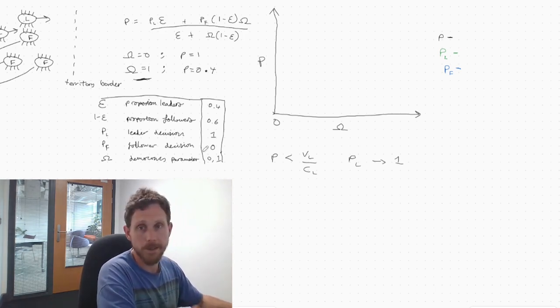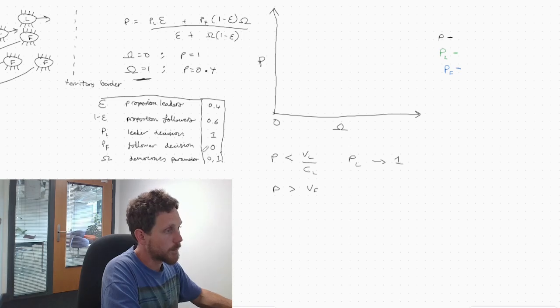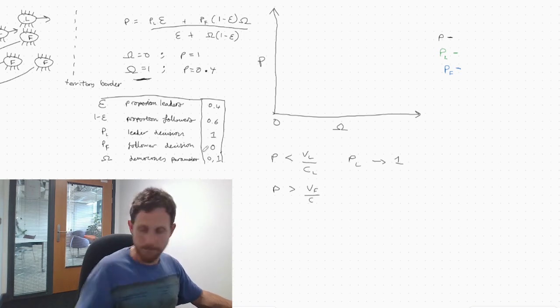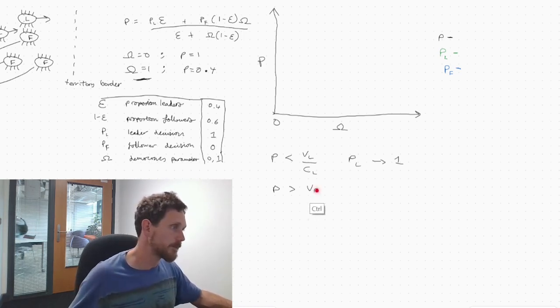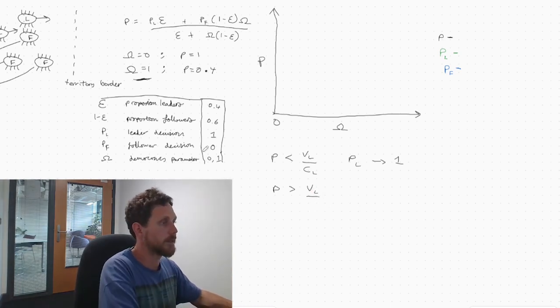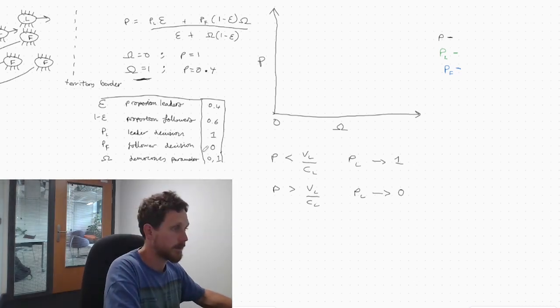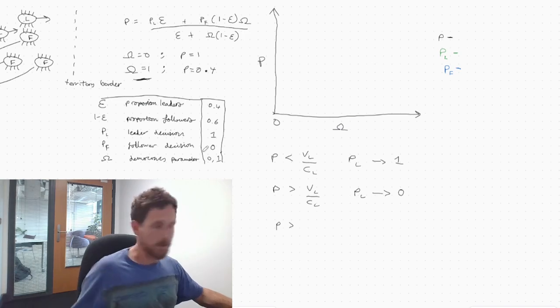They keep getting more aggressive until they're playing obligate hawk. Same goes when P is greater than PL over CL, except here dove is always the better strategy to play, and they'll evolve down towards dove.